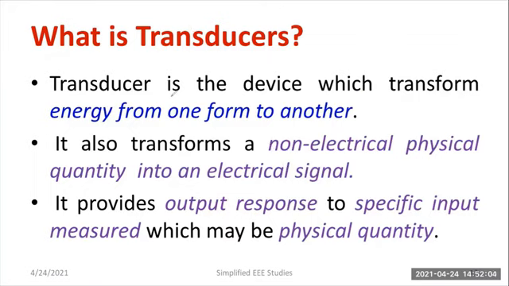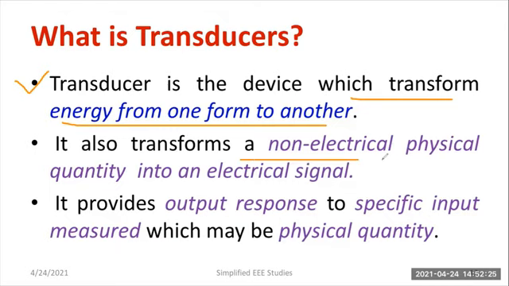So we can define transducer as follows. Number one, a transducer is a device which transforms energy from one form to another form. Okay, that is called a transducer. And it is an input device, of course. It transforms a non-electrical quantity into an electrical quantity.